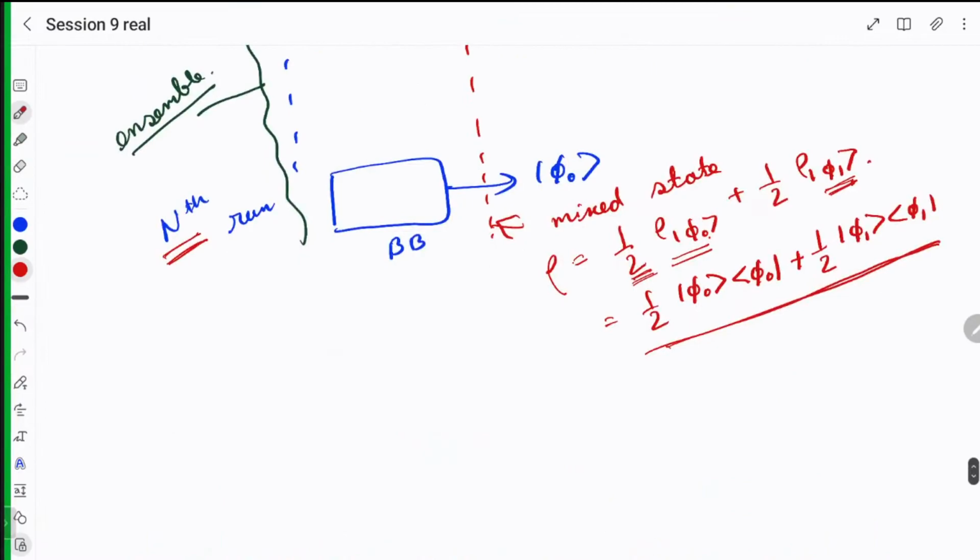But when we take a mixed state, like half rho phi naught plus half rho phi 1, this is not any projector operator. Is that clear? And yes, you are absolutely right that for a pure state, the density matrix is the projection operator. Okay.